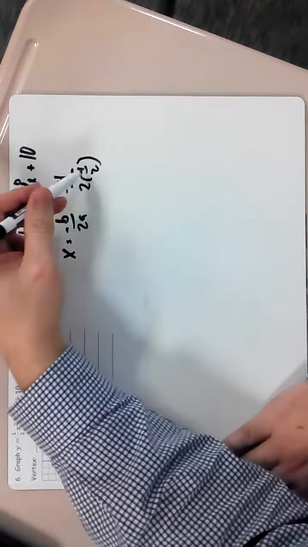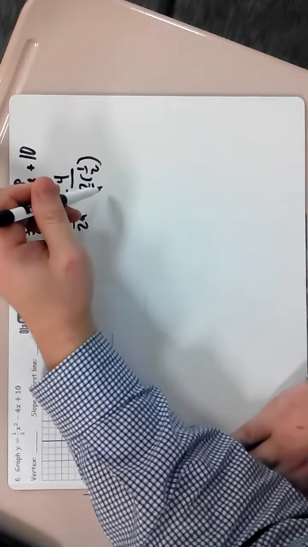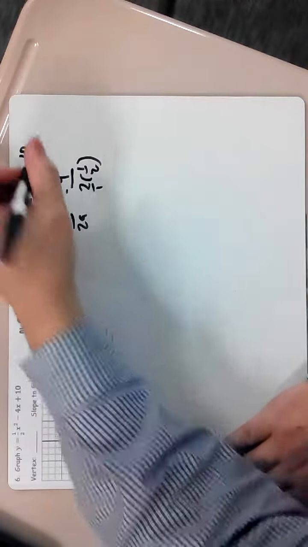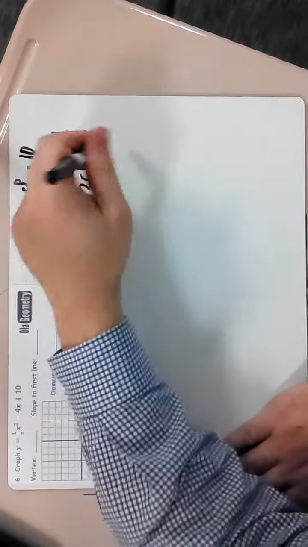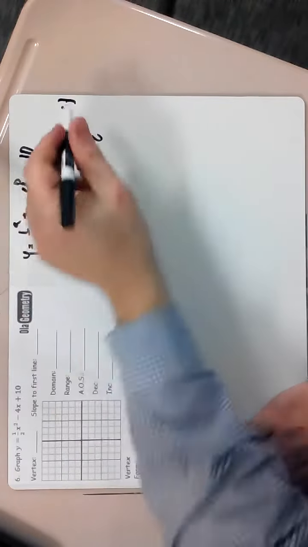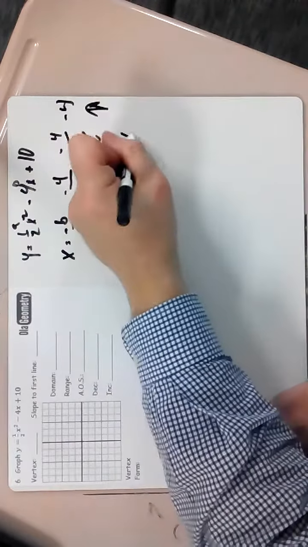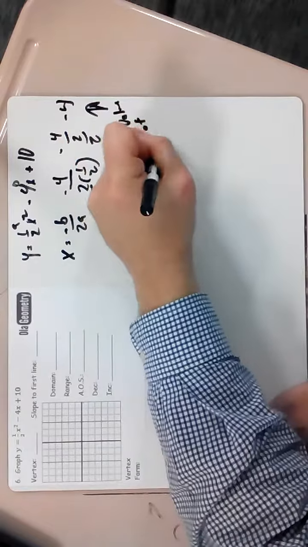All right, 2 times 1/2. Remember what we said, I put a 1 under here. The numerator multiplies the numerator, denominator multiplies the denominator. So I'm going to get negative 4 over 2 over 2. What's 2 over 2? It's 1. So I'm going to get negative 4. This here is the x value of the vertex.